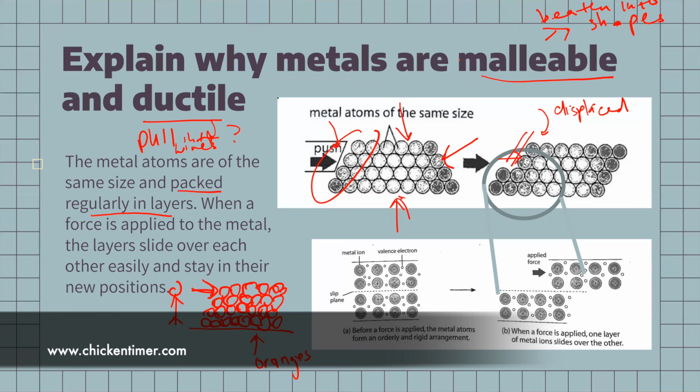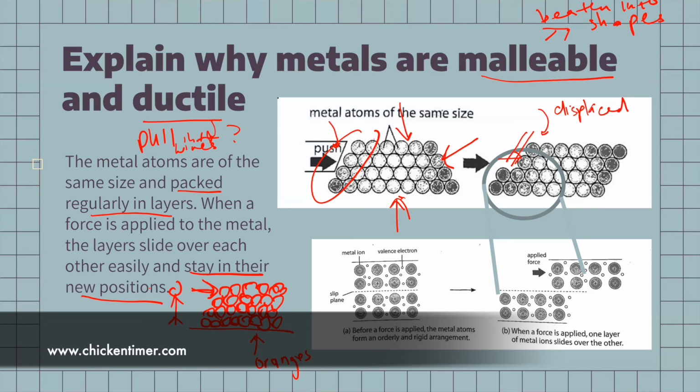Then the layers of atoms will move according to the force, and then they will stay in their new position. So then you get the metal in a new shape. That's malleable.